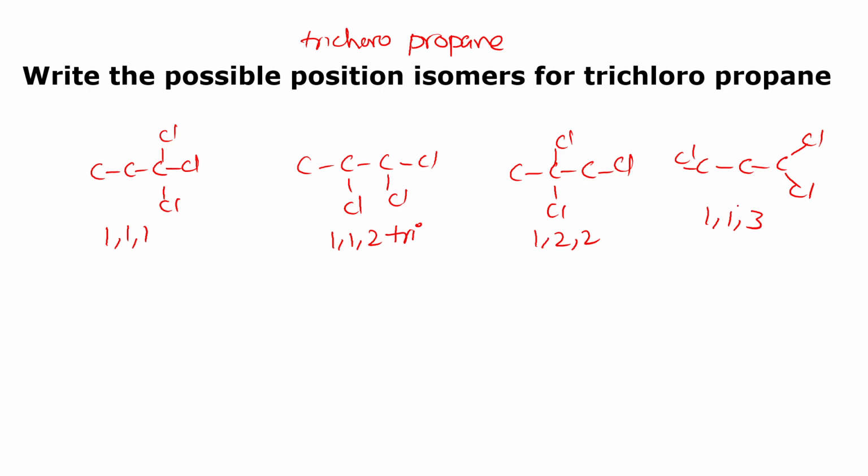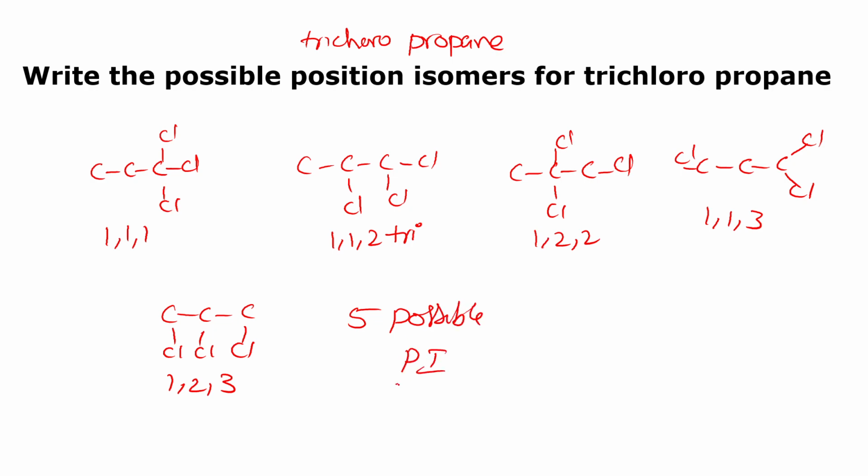Next one more, 1,2,3 trichloropropane. Based on this, there are 5 possible position isomers for trichloropropane.